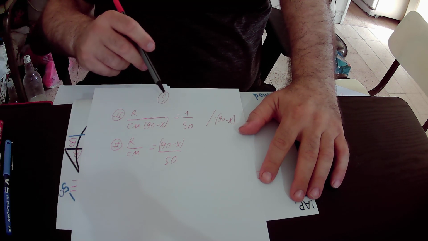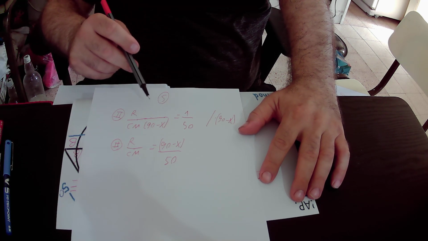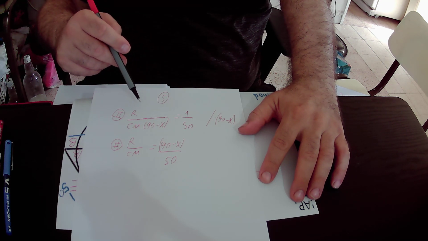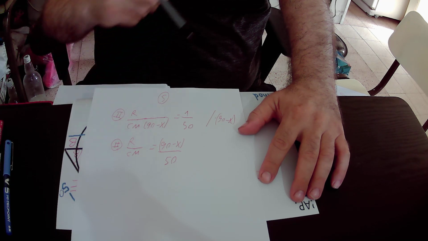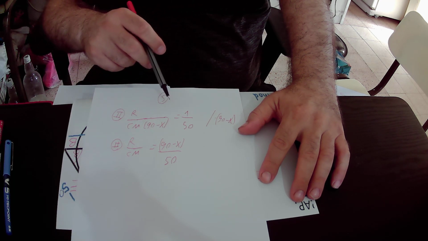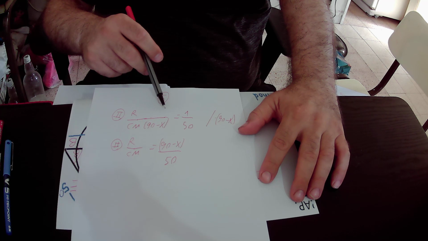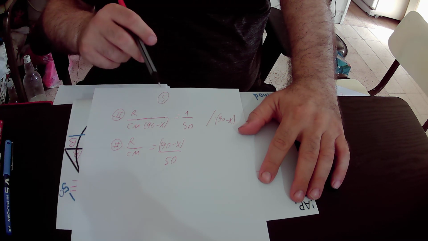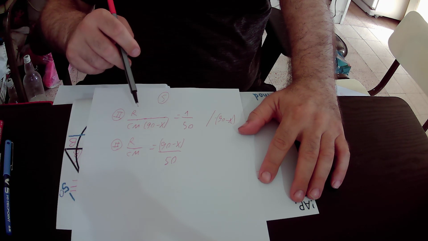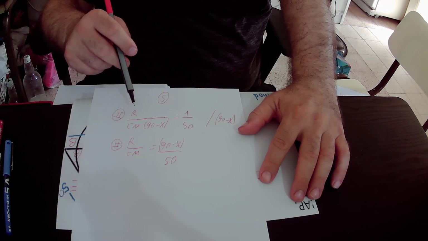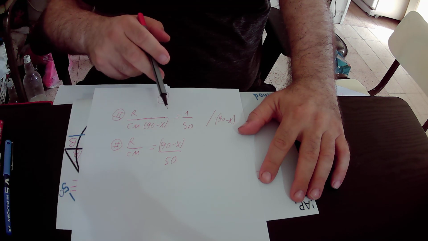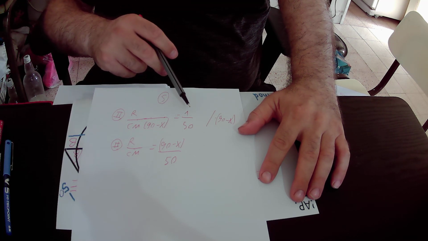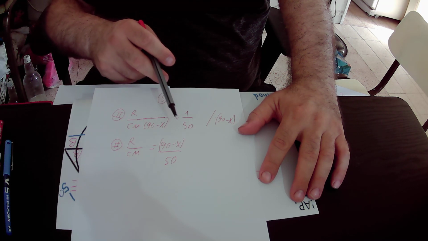So 90 minus 6 divided by 90 minus 6 equals 1. So 90 minus 6 is cancelled here, and we are left only with R over CM, equals 1 over 50 times 90 minus 6, equals 90 minus 6 over 50.